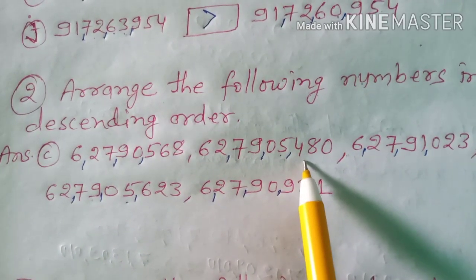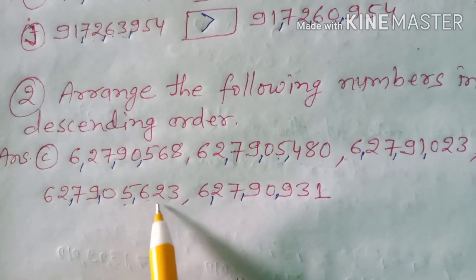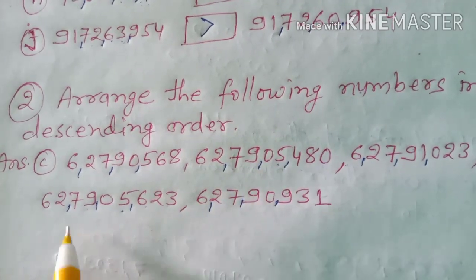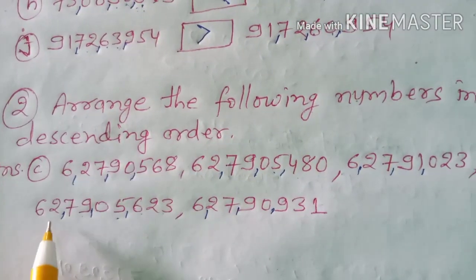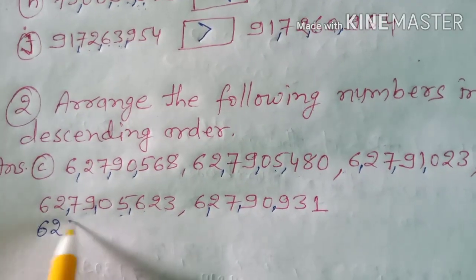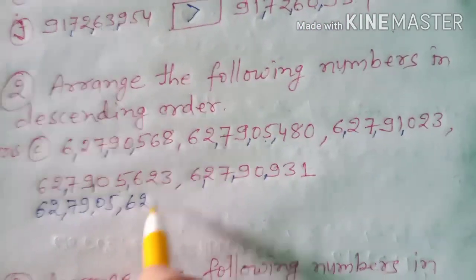In the ones period here is 480 and here is 623. It means this number is larger than this number. So we will set this number first. So we will write 62 crore 79 lakh 5,623. We will put the greater than sign.